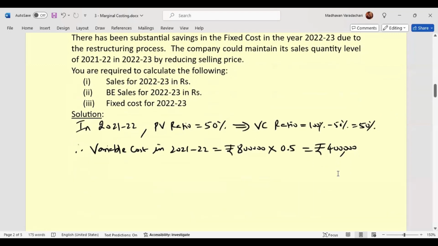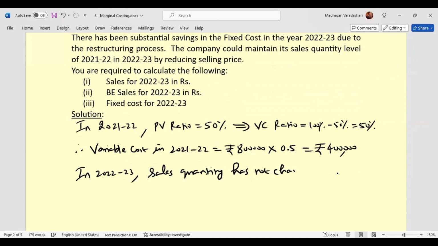Then in 2022-23, sales quantity has not changed, which means even the variable cost won't change. Thus, variable cost in 2022-23 will be rupees 4 lakhs only.